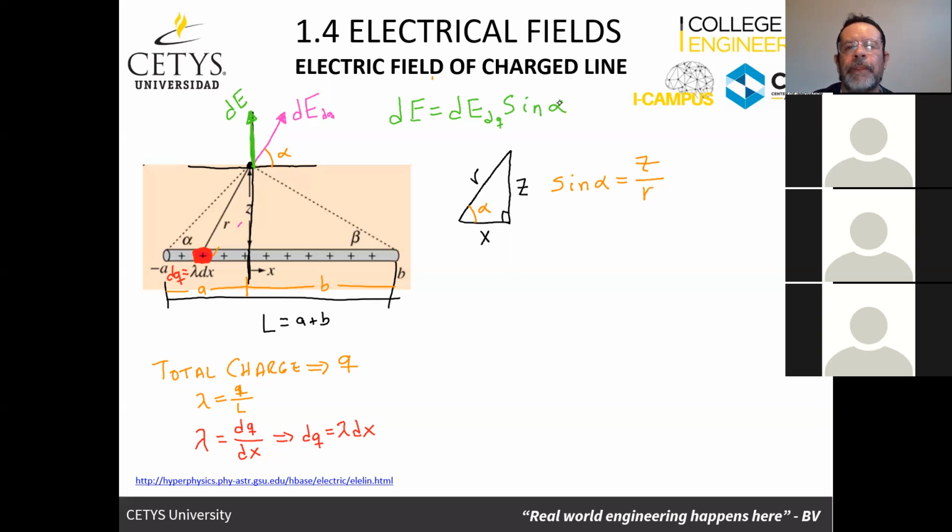And so let's substitute some things here. I know that if I consider this to be a point charge, then dE from dQ is going to be equal to K multiplied by dQ divided by R squared.